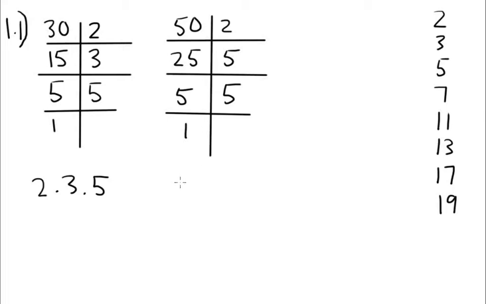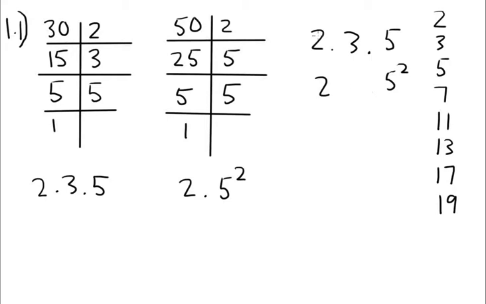So this one over here is 2 multiplied by 5 squared. In order for us to get our answer, we're going to put them below each other: 2 times 3 times 5, and over here 2 multiplied by 5 squared.